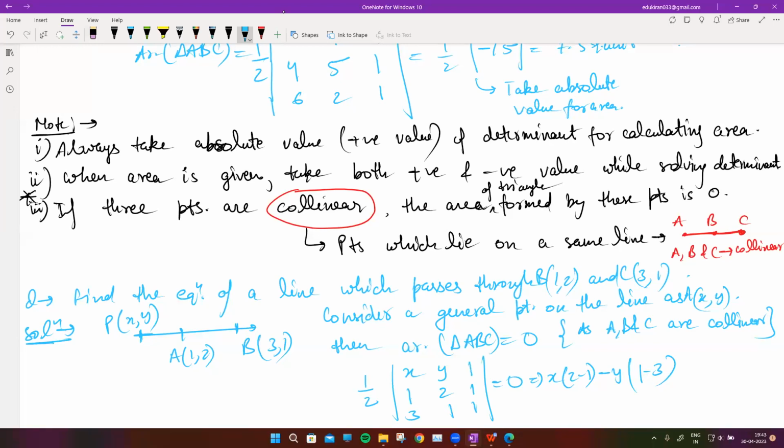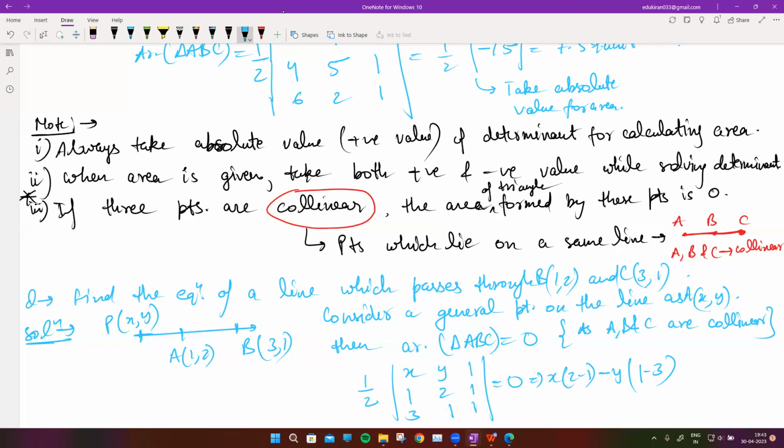So first, take x common, then delete its row and its column, and we will be left with 2, 1, 1, 1, which is 2 minus 1, right? Then minus times y; I am expanding along the first row. Delete the column of y and the row of y.